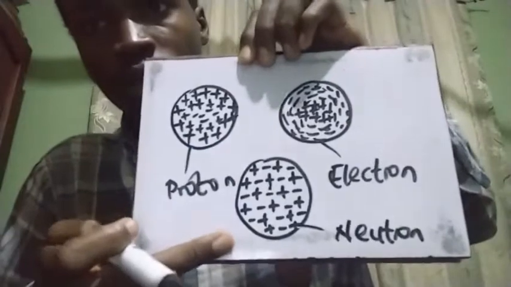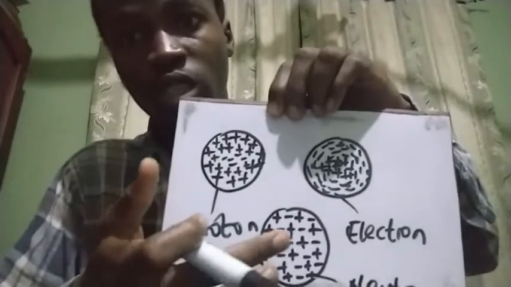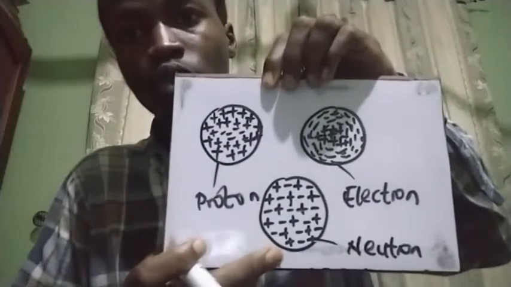This is the way the neutrons exist, more like Thomson's model of the atom, where you have a positive charge next to a negative charge.